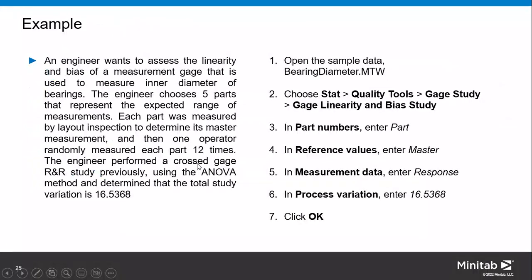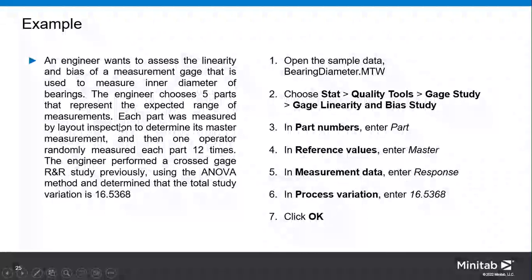We try with this example. An engineer wants to assess the linearity and bias of a measurement gauge that is used to measure the inner diameter of a bearing. The engineer chooses 5 parts that represent the expected range of the measurement.